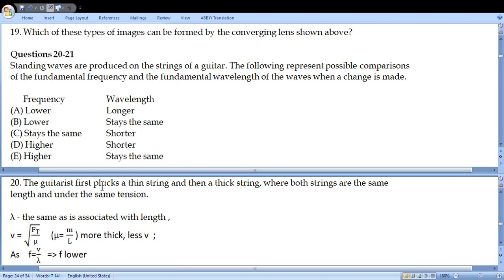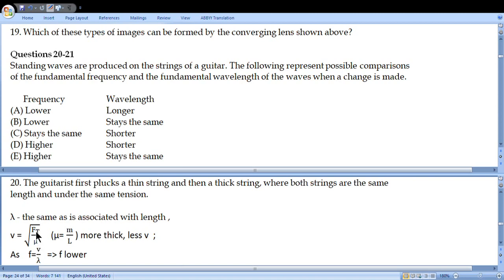The guitarist first plucks a thin string and then a thick string, where both strings are the same length and under the same tension. So wavelength doesn't change because it is associated with the length of the string. Speed equals the square root of tension over mass per length.